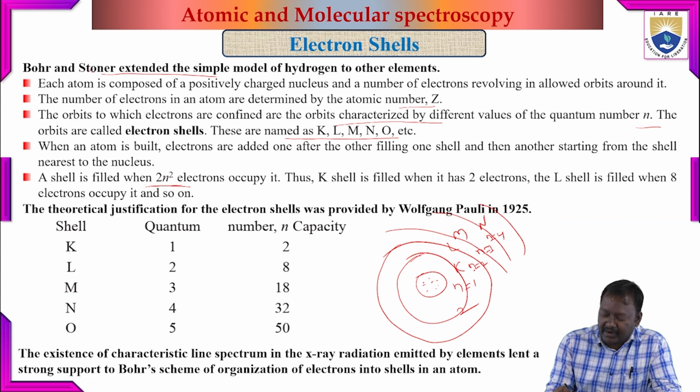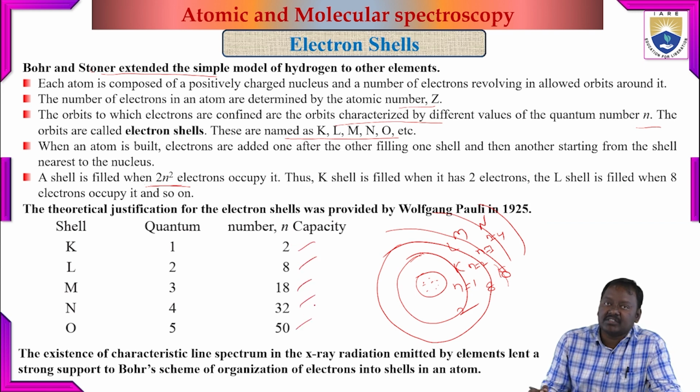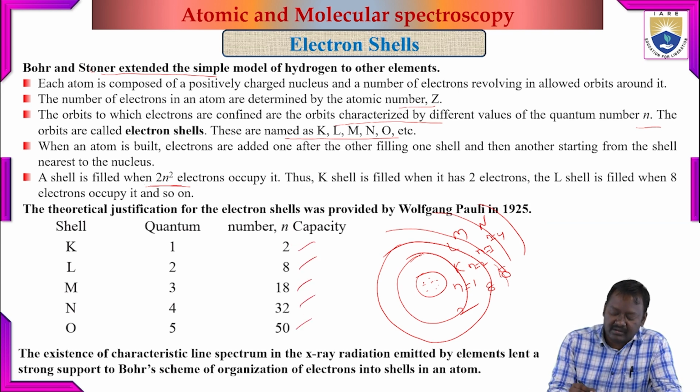For the L shell, the maximum number of electrons is 8, and so on. That means the capacity of the orbits is as follows. For the K shell, the quantum number is 1, L shell 2, M 3, N 4, O 5.